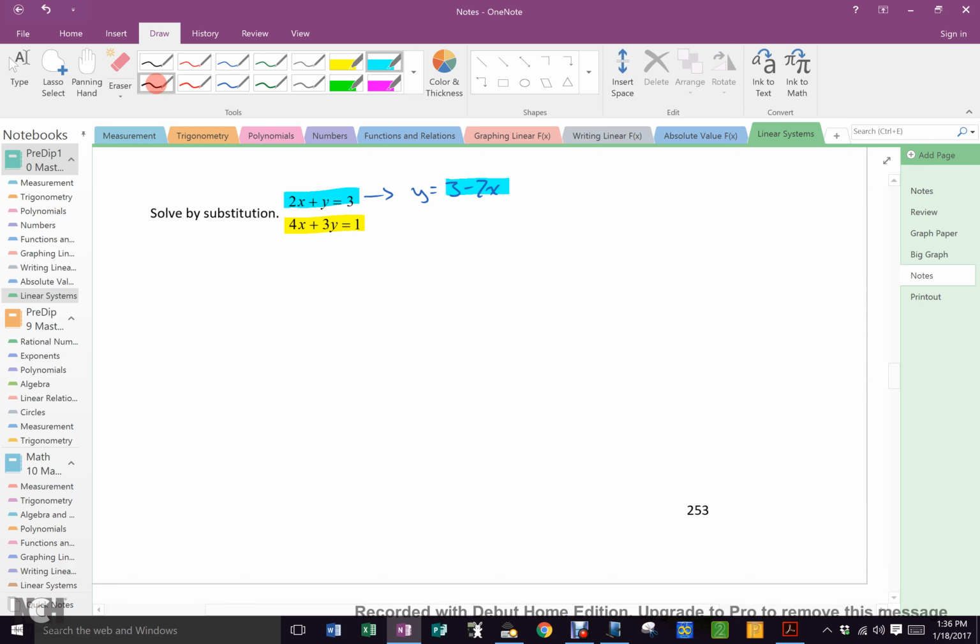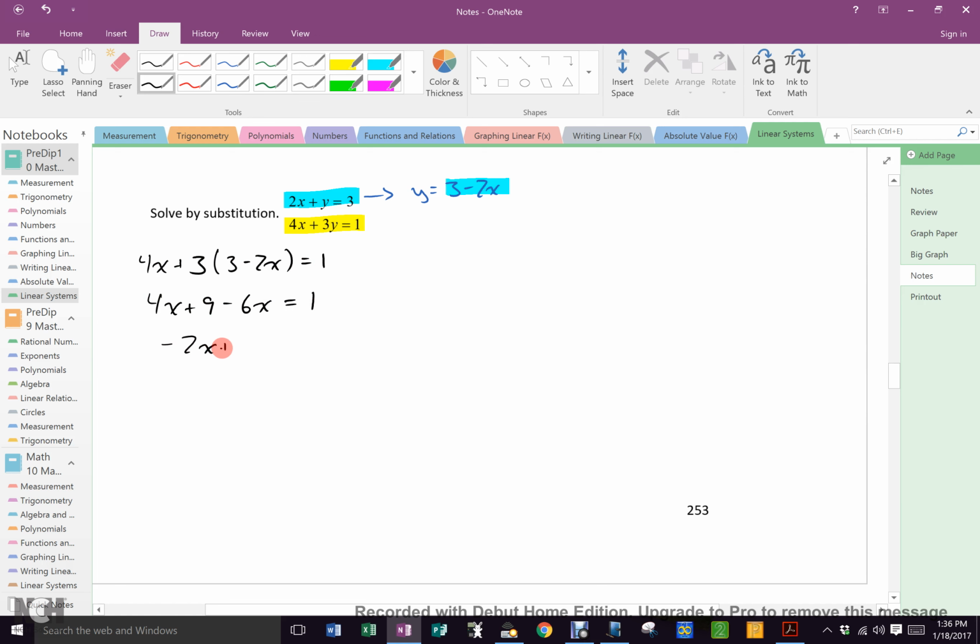Where does that go? Down here, right? Because 4x plus 3y, but y isn't y anymore. What's y? 3 minus 2x equals 1. 4x plus 9 minus 6x equals 1. Yeah? Excellent.